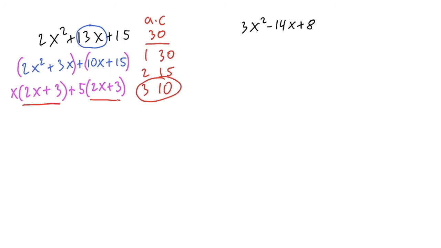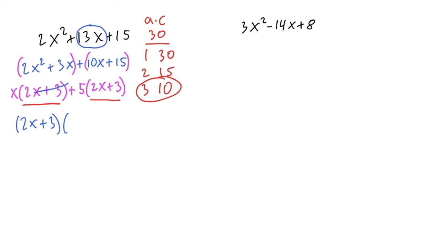2x plus 3. So it's just like factoring out any other term, but this time it's a binomial we're factoring out, so it can get a little bit confusing. So we have 2x plus 3, and then when we get rid of the 2x plus 3, what we have left is what's in the other set of parentheses.